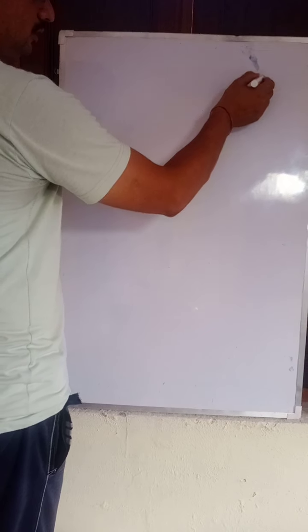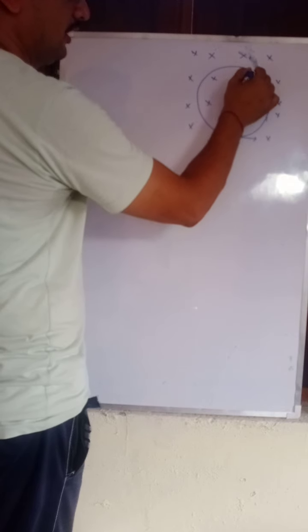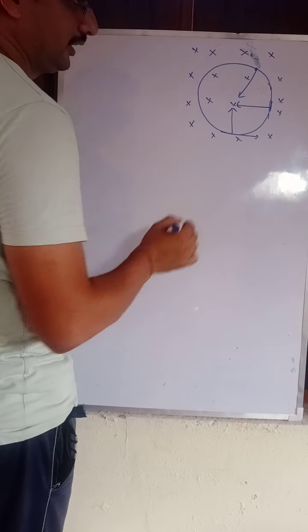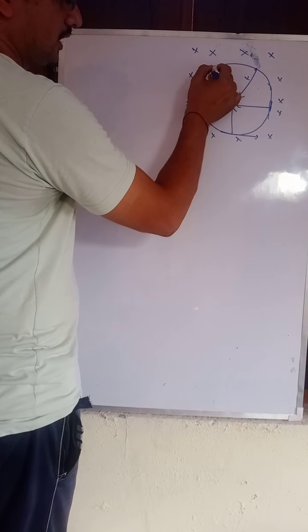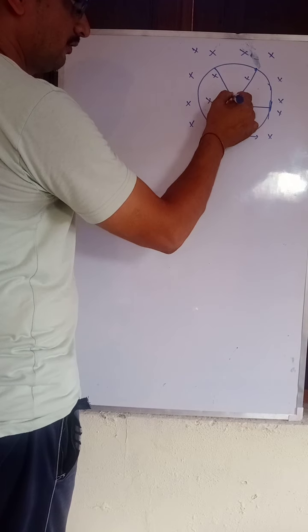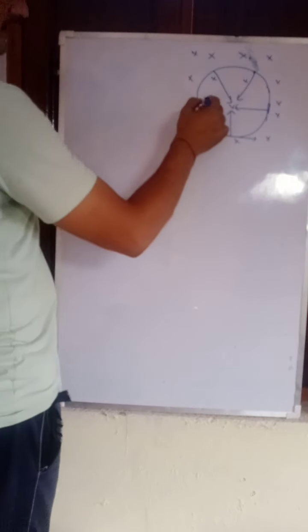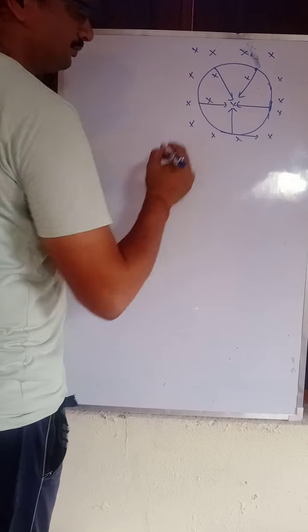When the particle is at this position, the force will be in this direction. As the charged particle is here, the force will be here. So always the direction of force will be towards the center of the circle.